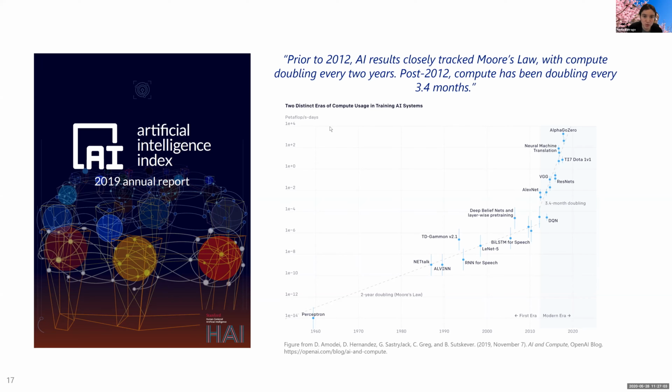After 2012, the compute needs have been doubling every 3.4 months. That means that since 2012, the computing needs have grown by more than 300,000 times. So it is clear that advancing AI requires offering more compute power and simplifying the development process. Now, next slide, please.